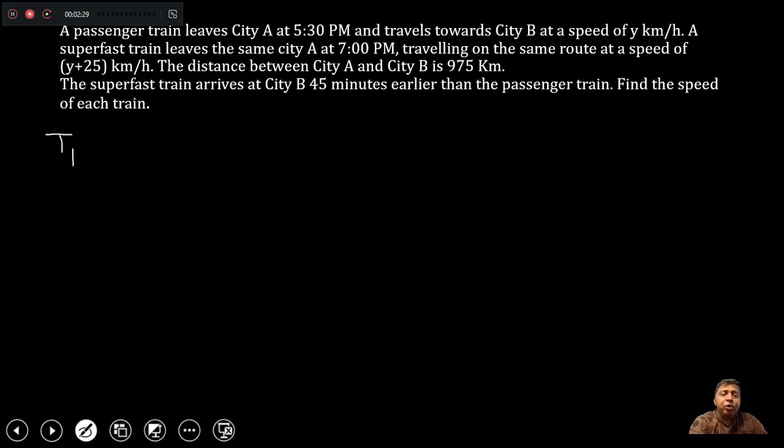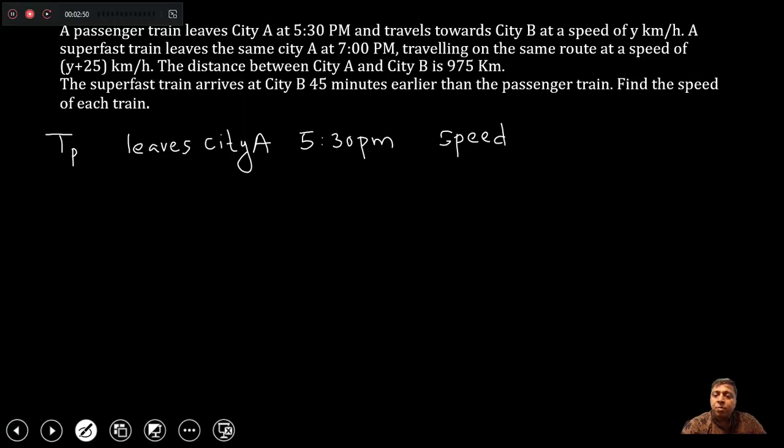I will denote TP as passenger train, leaves city A at 5:30 p.m. at a speed of y kilometer per hour. Then we have a super fast train.